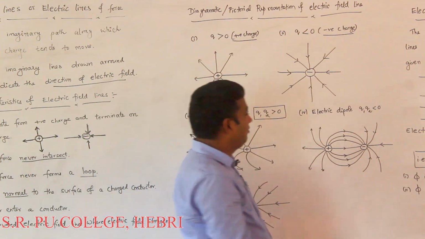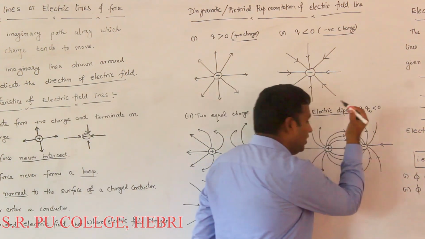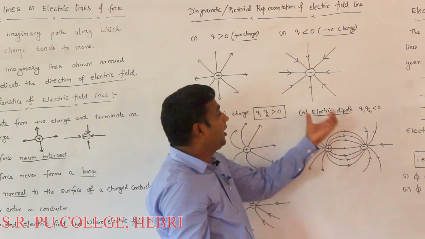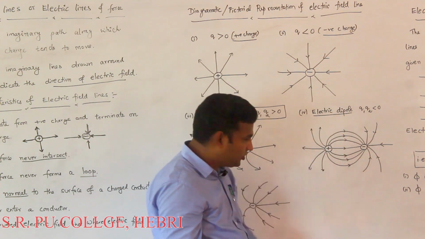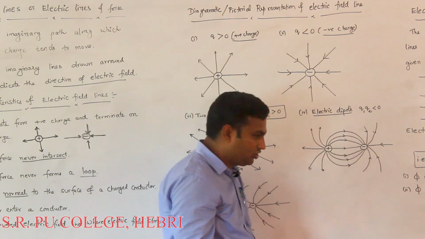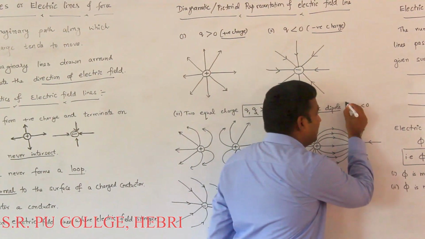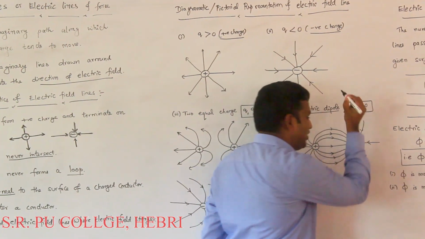Next, the fourth important thing is the electric dipole. In the last video, we already learned the meaning of dipole. An electric dipole is nothing but two equal charges, opposite in nature, separated by a very small distance. That gives a condition like this, Q1 into Q2 less than 0.